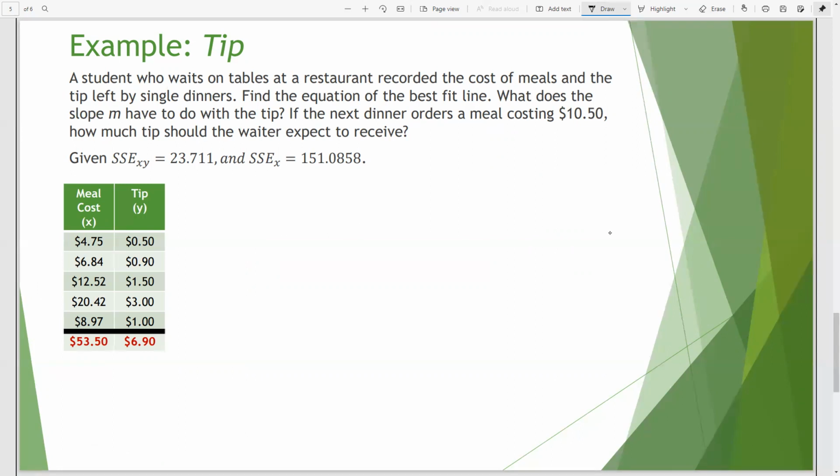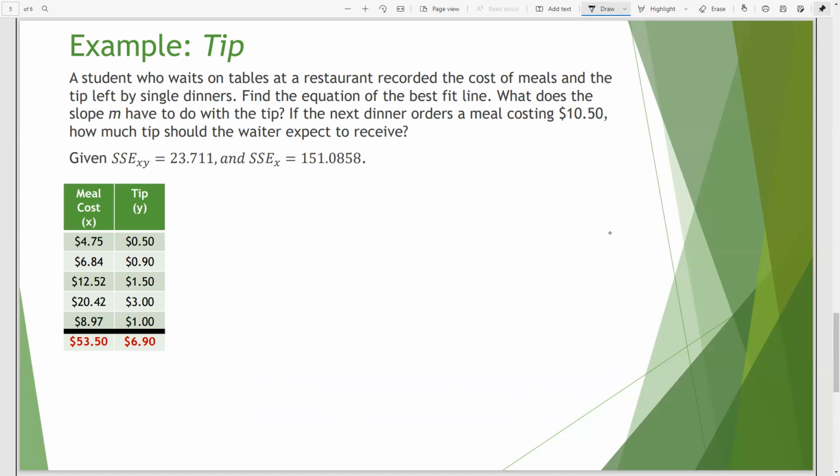The table: a student who waits tables at a restaurant records the cost of meals and the tip left by single diners. Right, so we have the cost of the meal of the dinner and the tips left. You get $4.75 for the cost, left 50 cents. Got $20.42 for the cost, and the tip left was $3. Right, so that's this relationship.